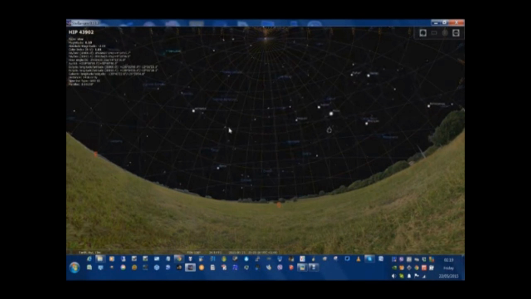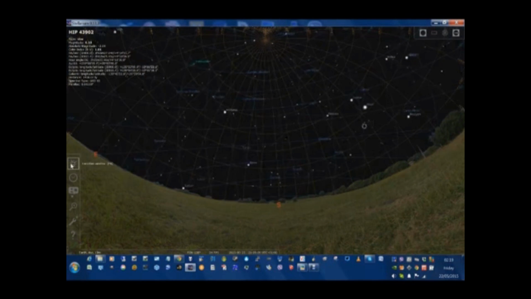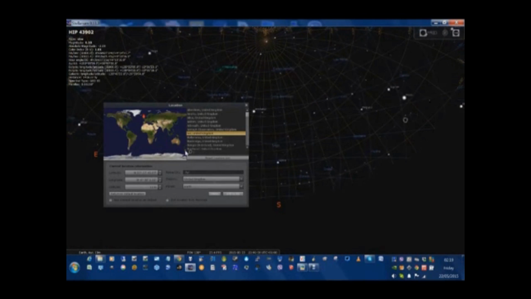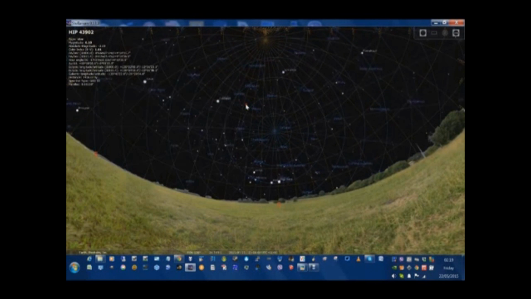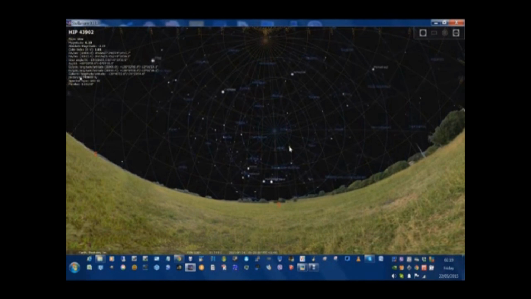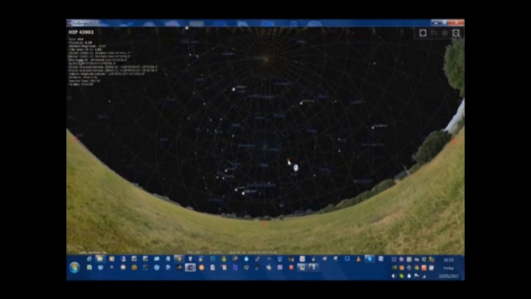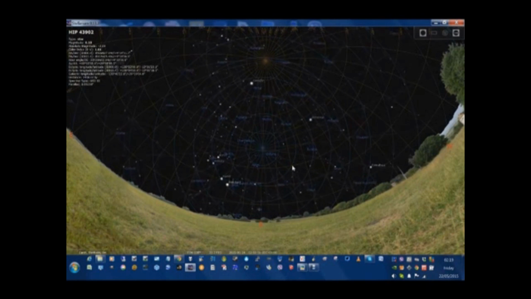Okay, so what happens in this projection if I visit Australia or New Zealand? So we'll click down to New Zealand, and in New Zealand I'm now going to face, so at the moment I'm facing south. Okay, so in New Zealand facing south, what do we see?